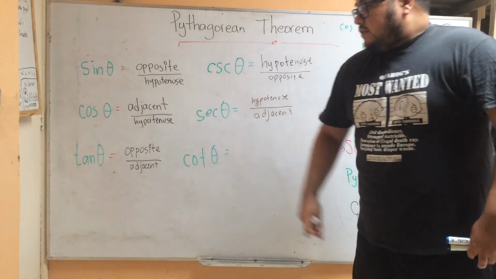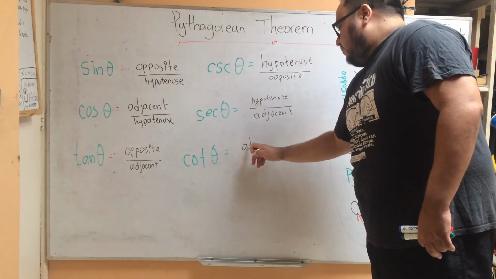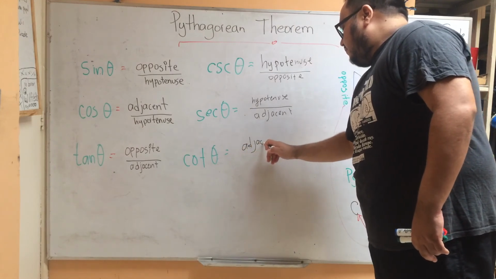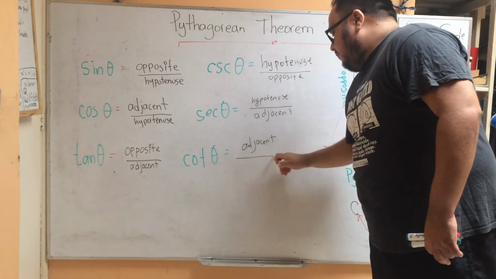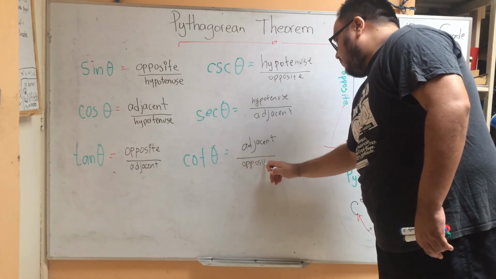And the cotangent is the opposite of tangent, so that means that we have adjacent over opposite.